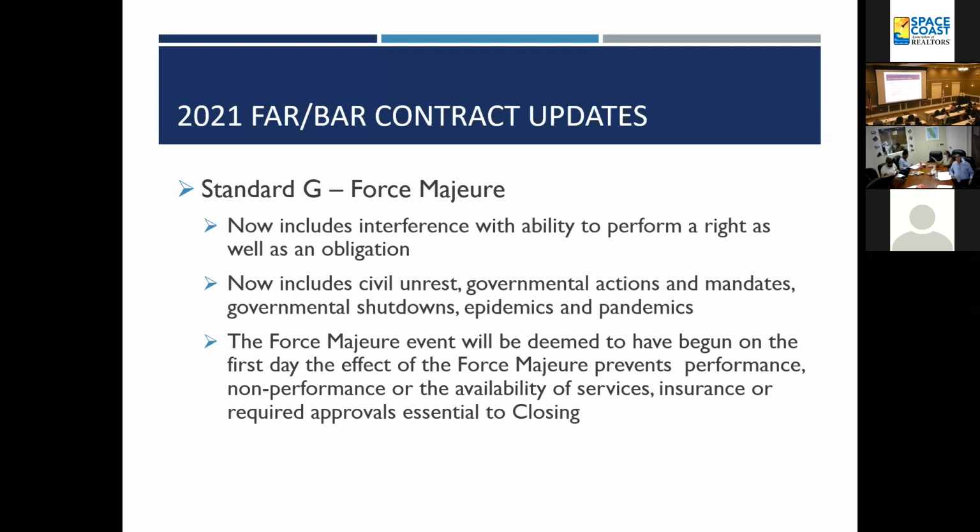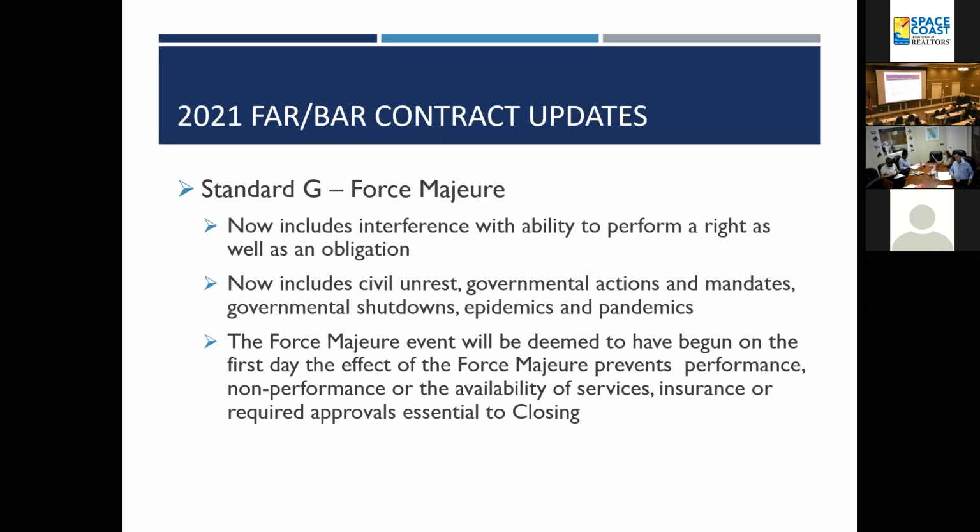But the force majeure, so they've expanded the definition a little to include civil unrest and government shutdowns and things like that. So again, if you can't get access to your money or whatever the case may be, through no fault of your own, then there will be an extension. When does that extension start and end?